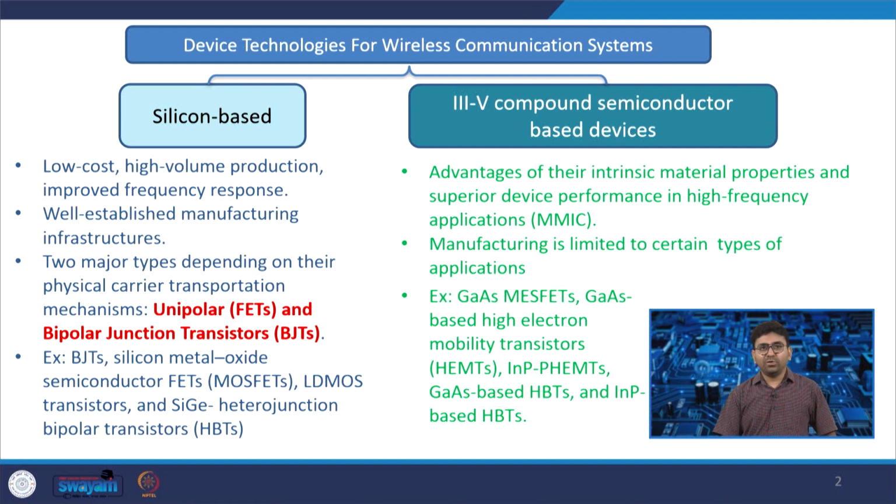As we know, silicon is available in abundance, and it is very low cost, and we can have very high volume production. We all are using CMOS technology, and we can produce a large number of chips using silicon based technology, and it has improved frequency response also over the years.